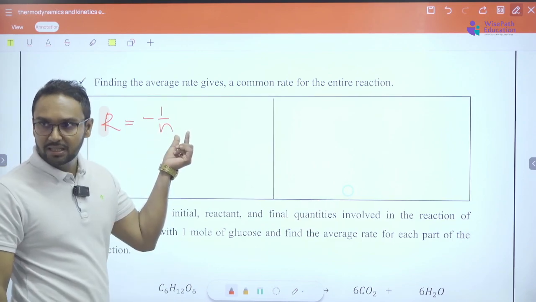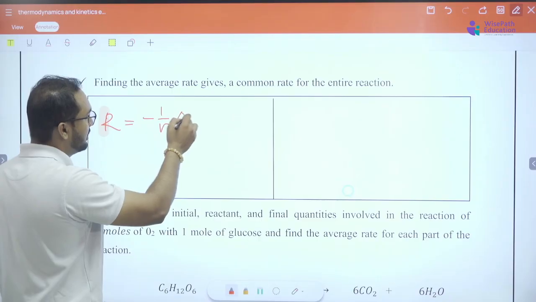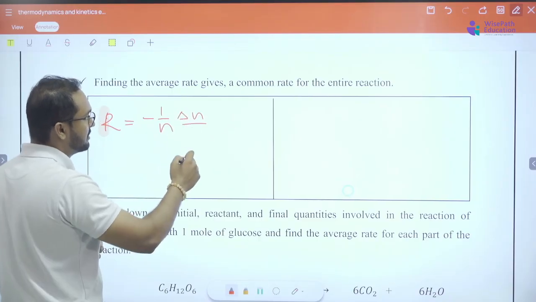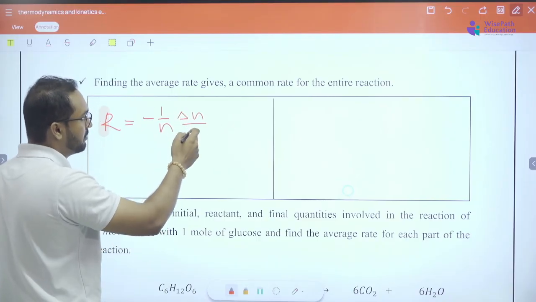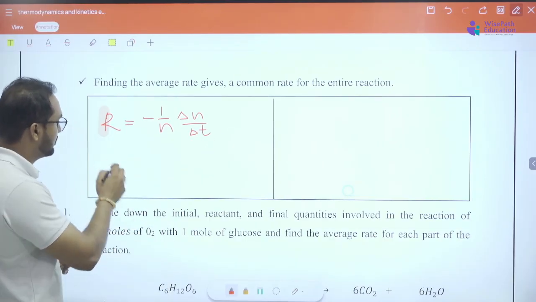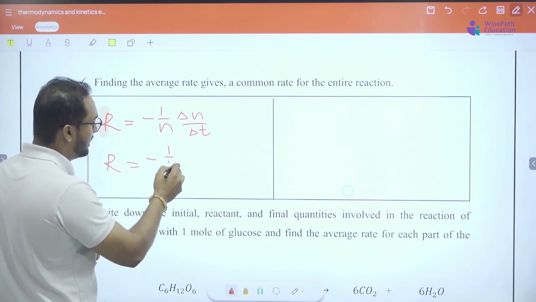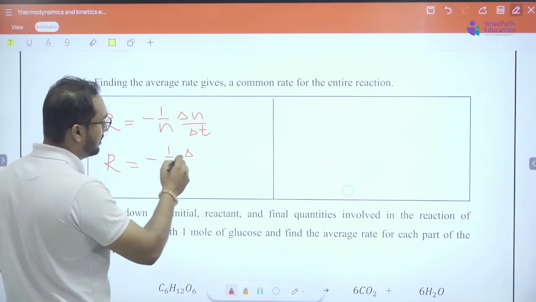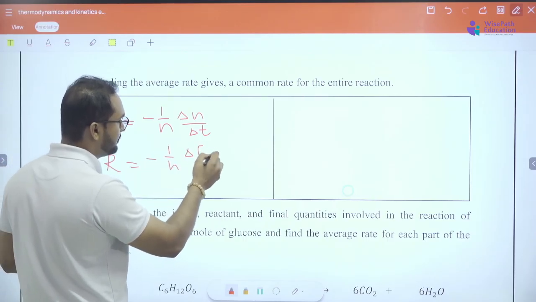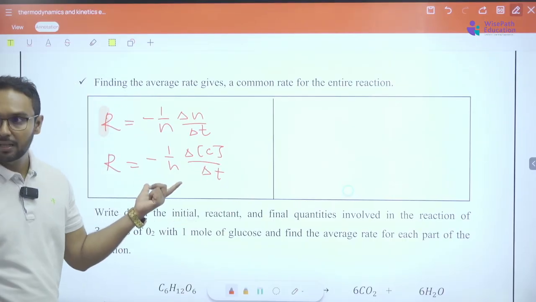This n is the stoichiometry, right? 1 over n, delta number of moles over delta T. If you take it by the concentration, R equals minus 1 over n, delta concentration over delta time. This is depending on the reactants.